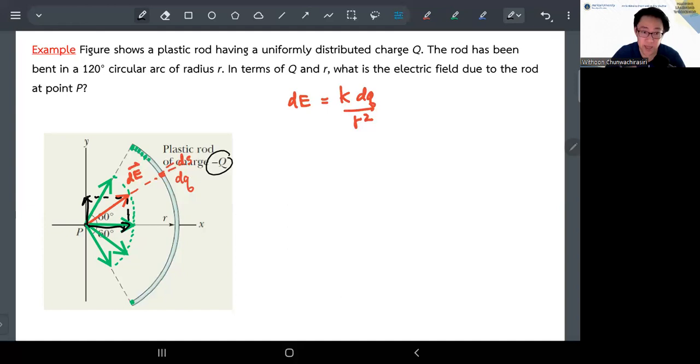Cool? It's the symmetry of the problem. You have the mirror image around the x-axis, so whatever is pointing up, you're going to have the same amount pointing down.